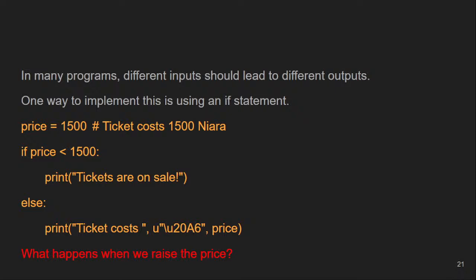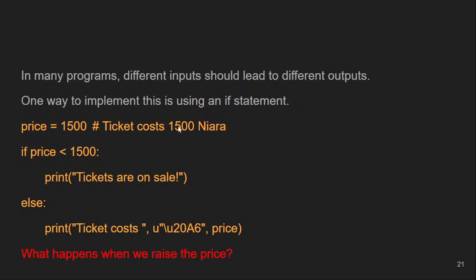I would like you to try this example in the labs and see what you get. What happens when you run this program? Okay, so run this program and see what happens.